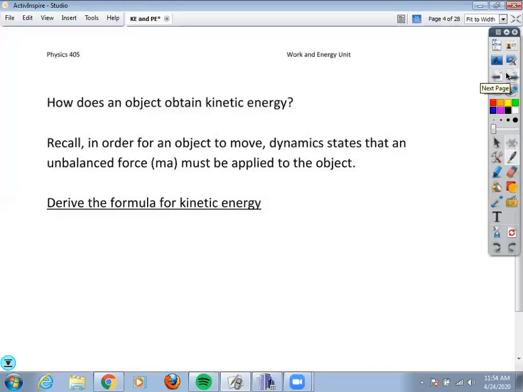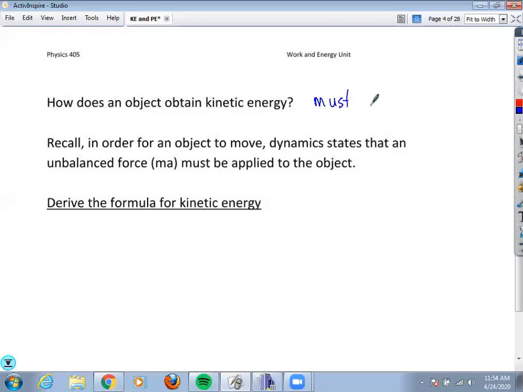How does an object obtain kinetic energy? It must have a measurable velocity. So if an object is going to move, then of course dynamics tells us that an unbalanced force, ma, which is our F net, must be applied to the object.